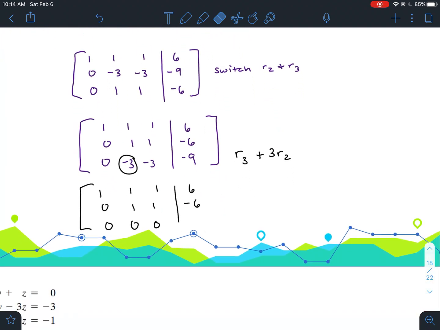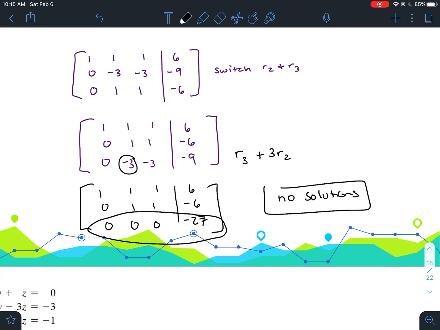And row 3 plus 3 times row 2. So 3 times row 2 would be negative 18. Negative 9 plus negative 18 would be negative 27. So again, notice that last row, I've got all zeros supposed to equal negative 27. So this is going to give me no solutions as well. So that system would have no solutions.